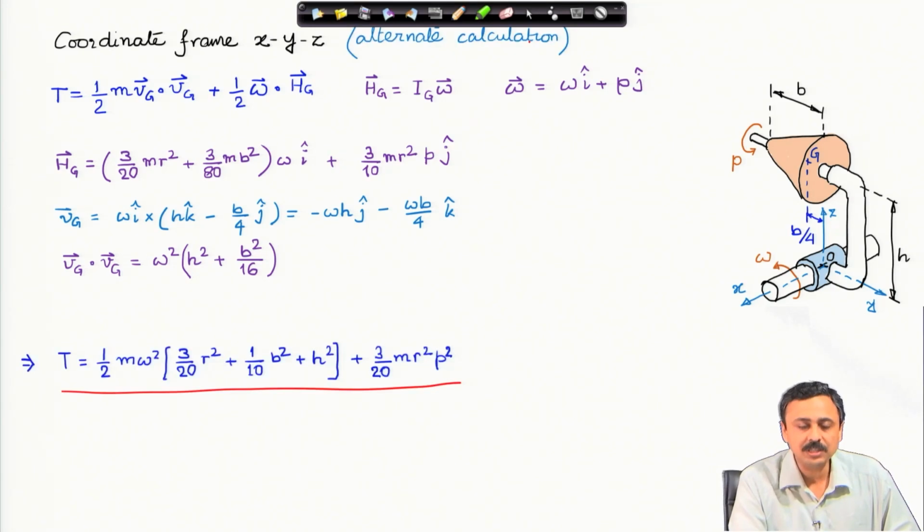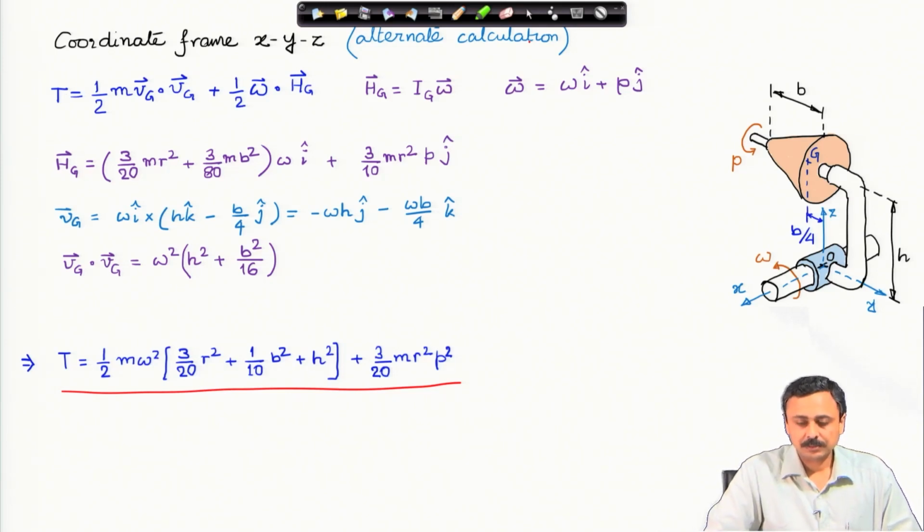If you plug in all these expressions in the kinetic energy expression, you get back the same expression as we have derived before. So, we have found the kinetic energy expression in two ways, direct and using the expression for kinetic energy about a fixed point rotation.